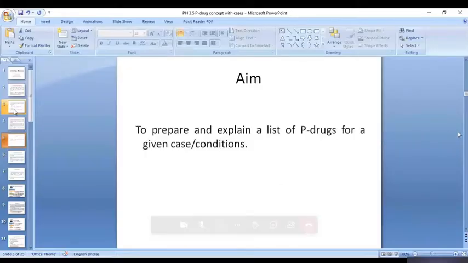This would be a model exercise, and after this 1 hour, you would be divided into different groups, and we would have 2 or 3 cases based on different conditions where you would be choosing the P drug. So please listen carefully during this discussion so that you are equipped enough to answer in the discussion classes.